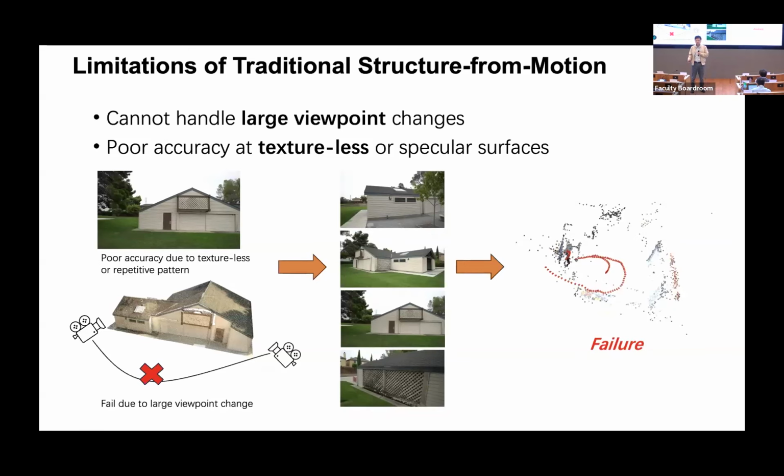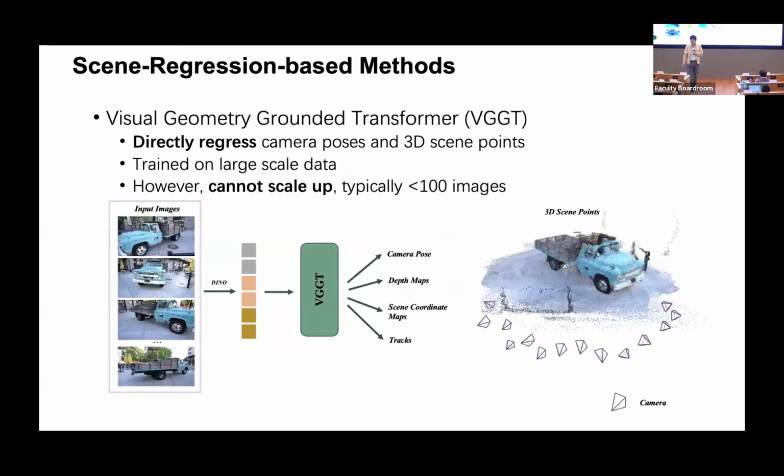But the traditional methods in structure from motion have many limitations. For example, when the viewpoint change is large, it's very hard to coordinate the different images, and when there's insufficient texture information, it is also very hard to solve the relative motion between the images. So traditional methods actually face a lot of challenges in this classic problem.